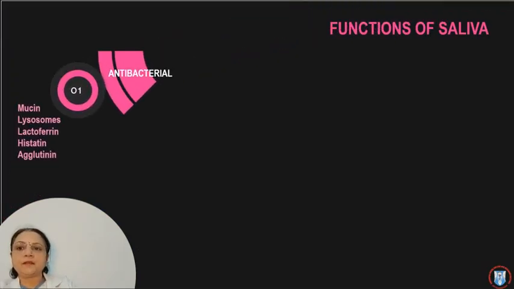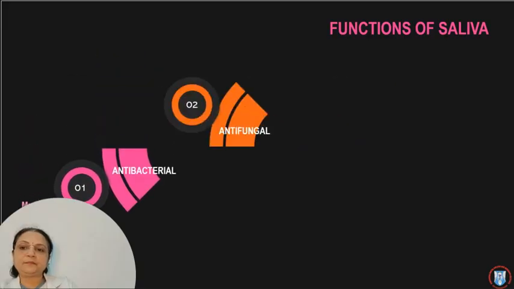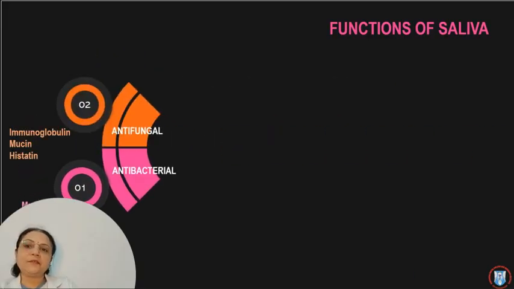Functions of saliva. The antibacterial properties of saliva are brought about by mucin, lysozyme, lactoferrin, histatin, and agglutinin. Next, the antifungal action is brought about by immunoglobulin A, mucin, and histatin.